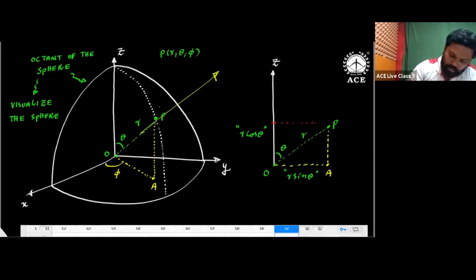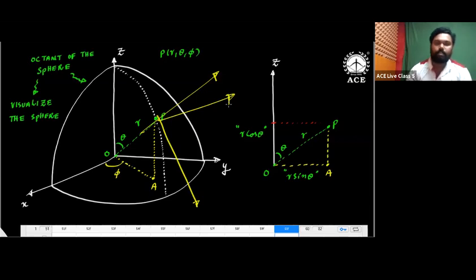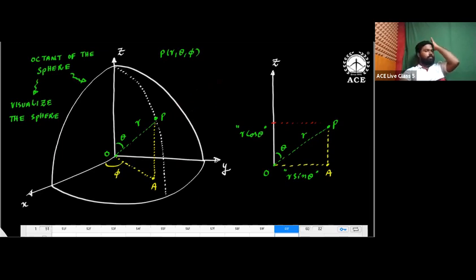R is radially outwards. Theta is tangent at this point. Phi is tangent at this point. Clear? Yes.